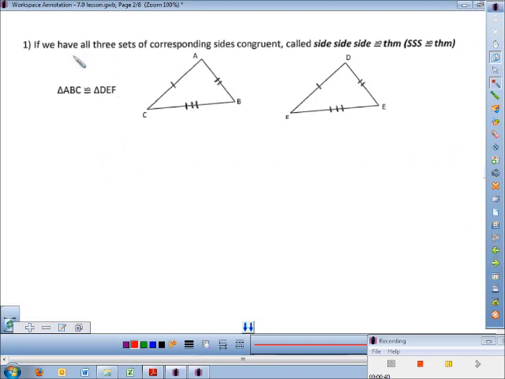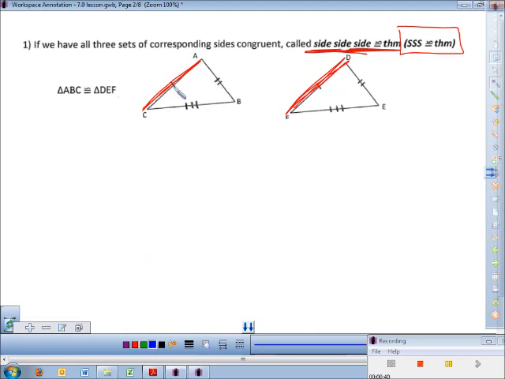So the first way is called side-side-side congruence theorem, and we'll abbreviate it like this: SSS. We'll never say SSS. We'll call it side-side-side congruence theorem, but we'll just write it down like this. And here's what it means: if you've got 3 different sets of sides that correspond to each other, and they're congruent, like segment AC is congruent to segment DF, they're congruent by the tick marks.